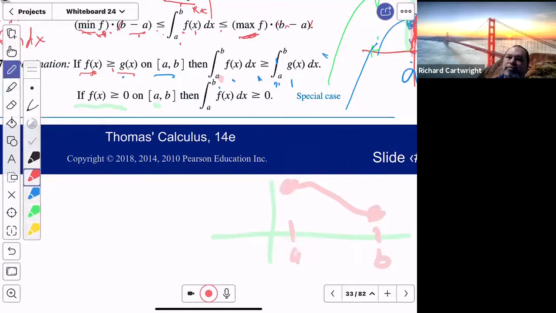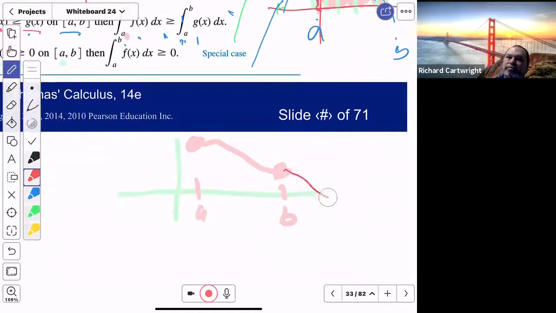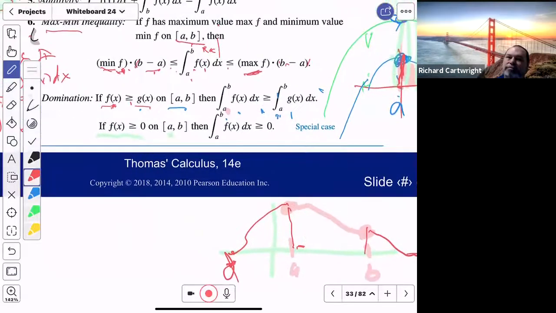It could go down to 0 here. Here's c. And before that, I'll call that d then. But if that function was bigger than 0 from here, then that means you have to have area. Yeah, of course.